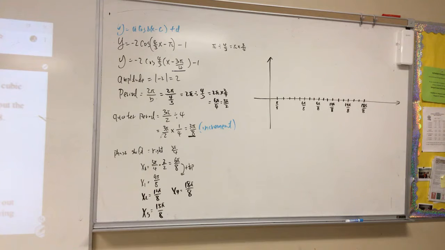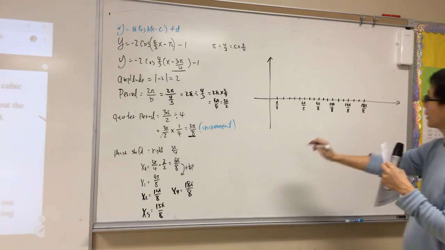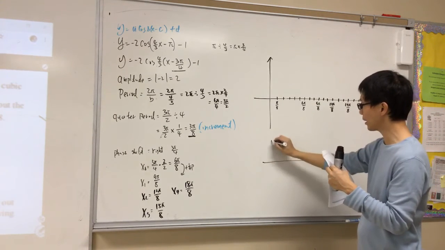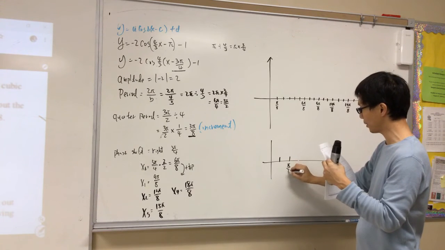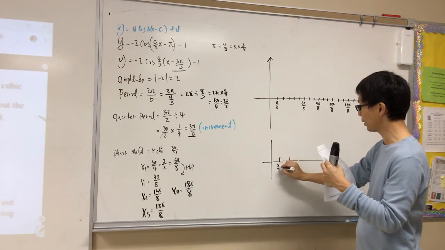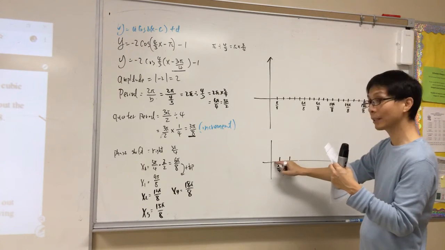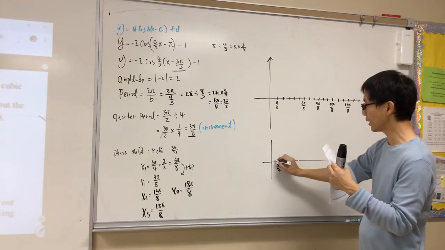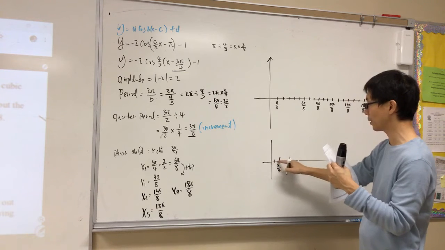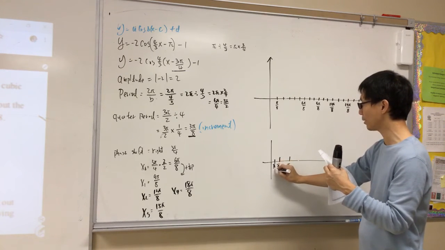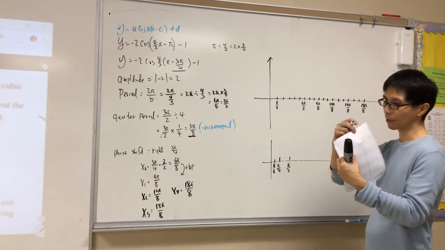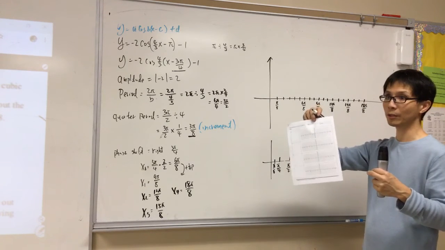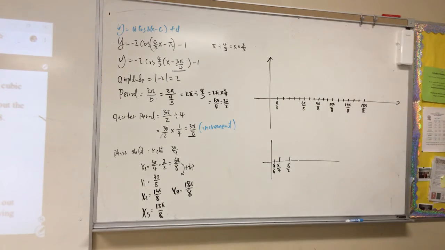So you see here, the first one happened at pi over 2, but this one's pi over 4. But half of this, you're going to cut between this half, that's going to be 1 pi over 8. So it's 2 pi over 8, 3 pi over 8, 4 pi over 8. You're going to use the one on the first page. If you use the one on the first page, it's going to be easier to graph. But that's what I did.